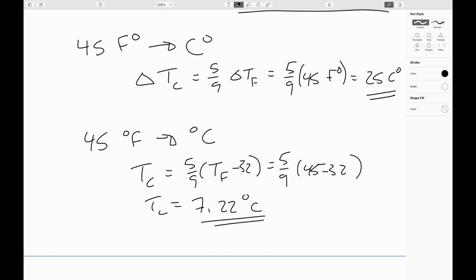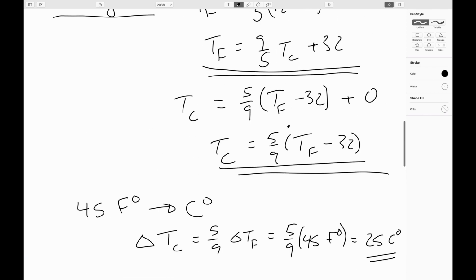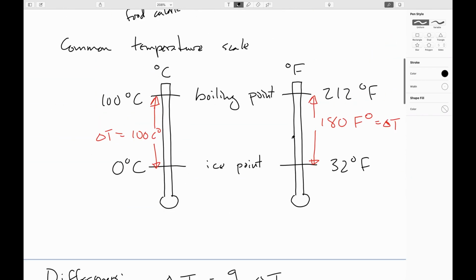All right. Now, if you go and look at this, you realize that in temperatures where most humans voluntarily live, the corresponding number on the Fahrenheit scale will always be bigger than the matching Celsius number.